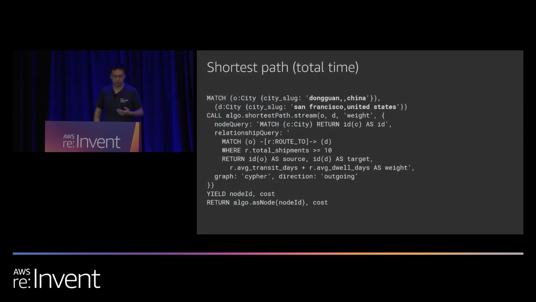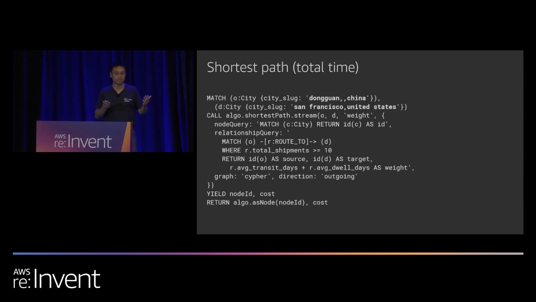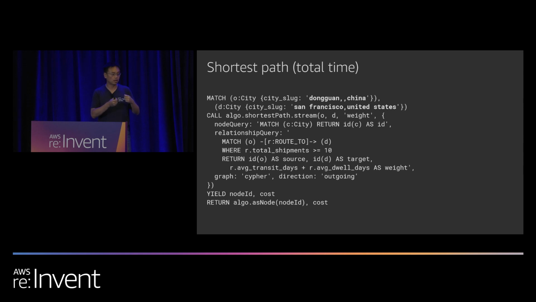On top of this information, we can do a lot of very interesting analysis. This is just one example: on top of the graph database, we can ask, for example, what's the shortest path by total time. Just like Expedia, we want to be able to tell our enterprise customers through which route they can get their container in the fastest time.